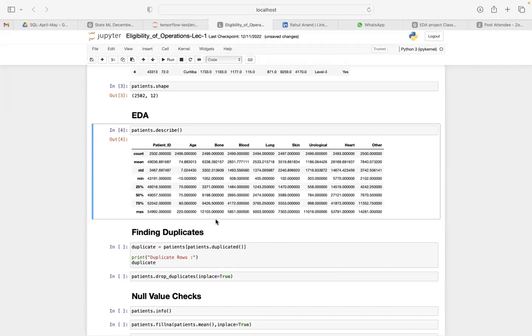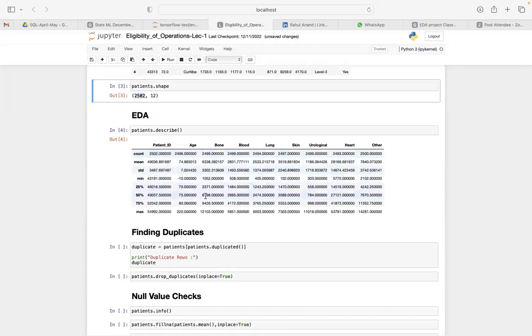When you look at the counts, 2495 is the count, and 24099, 2499, 2494, 2499 again, 2493, and then again 2500. This gives you the information that there is some missing data, because the total count in patient ID is 2502, and the shape of the data is also 2502.